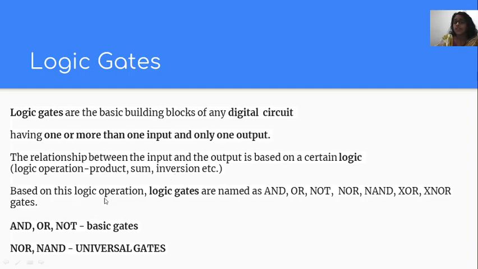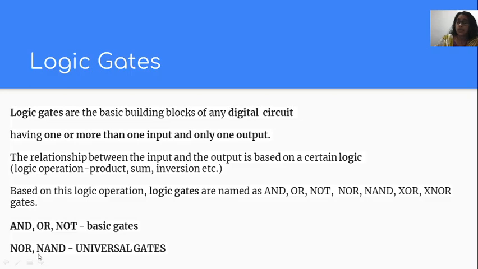Based on these logic operations, logic gates are named, and you are all familiar with this terminology: AND, OR, NOT, NOR, NAND, XOR, XNOR gates, etc. Of these many logic gates, the basic gates are AND, OR and NOT gates.